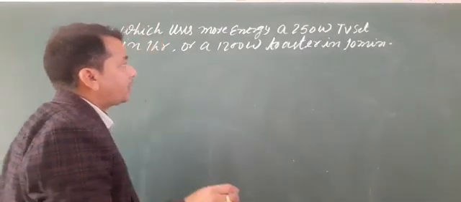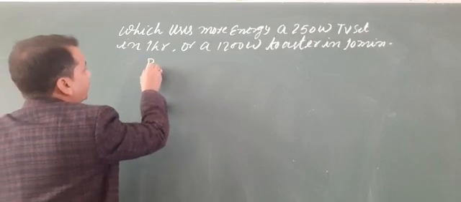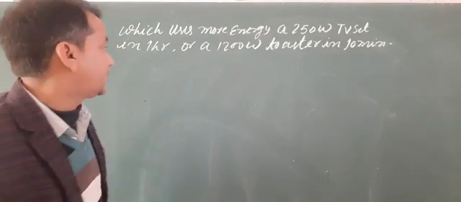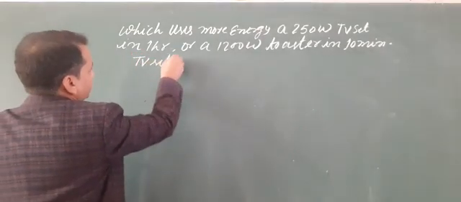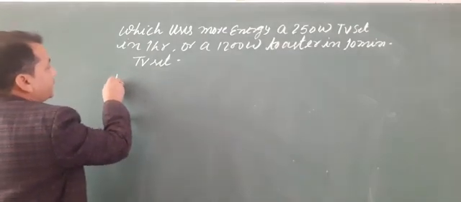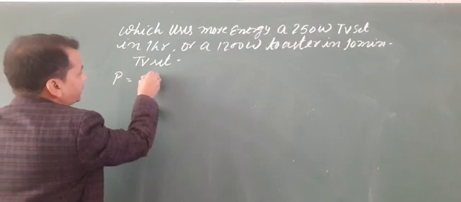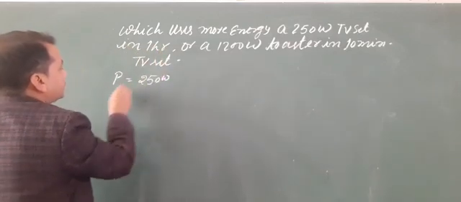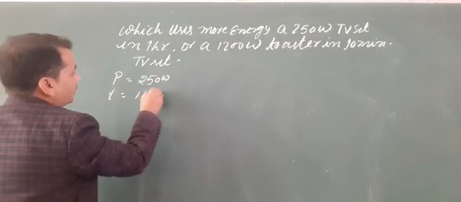Here the power of the TV set is given, that is 250 watt, and time equals 1 hour.